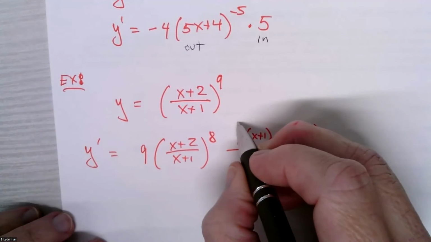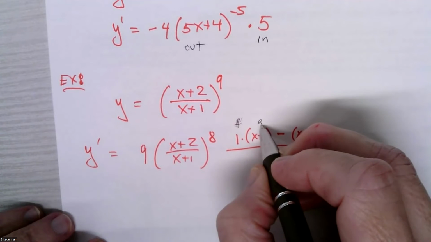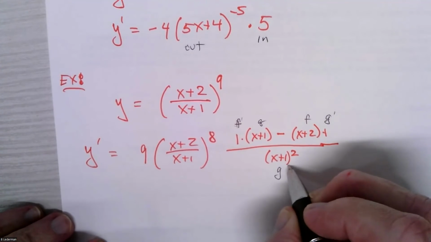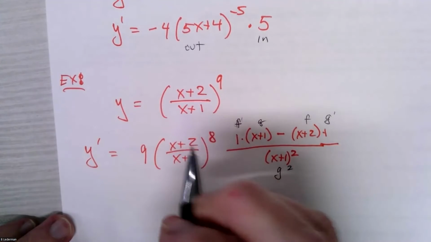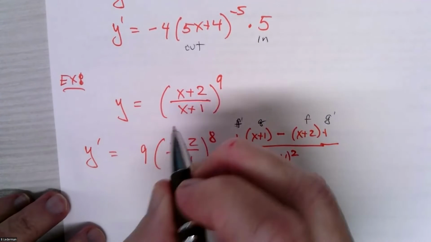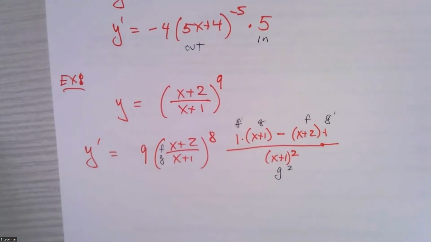And again, that's my f prime, that's my g, that's my f, that's my g prime, that's my g squared. Now, of course, what's f and g? I never told you what f and g was, but I think from context you could probably figure out that that's f right there, and that's g right down there. And we are good to go.